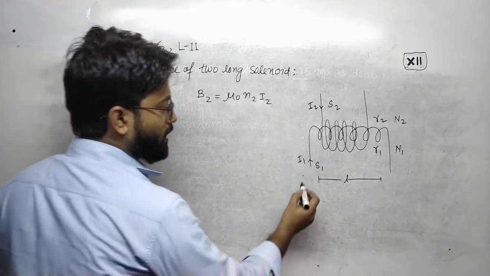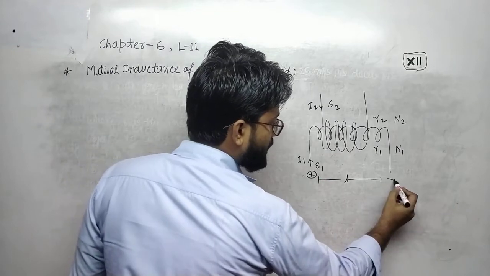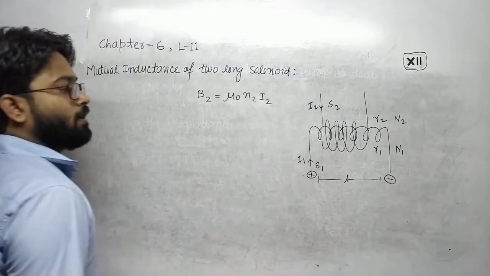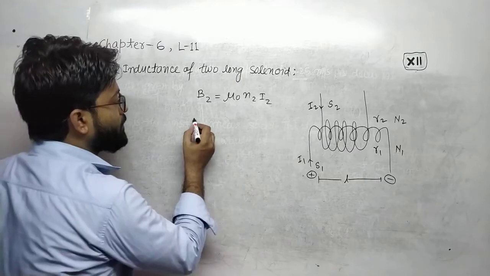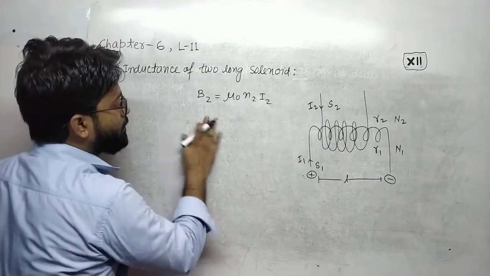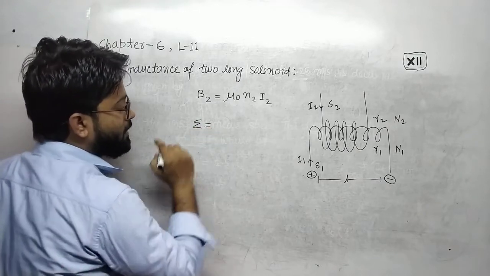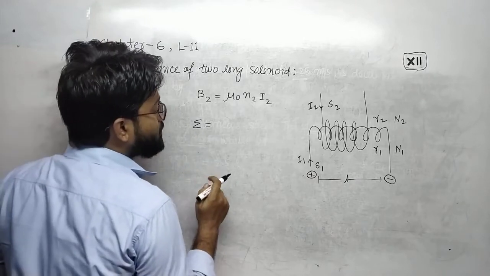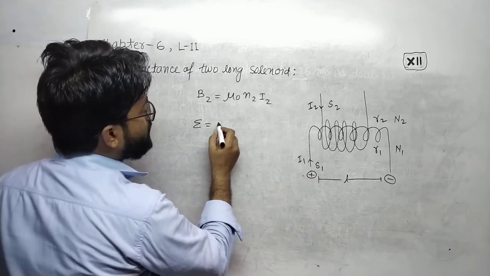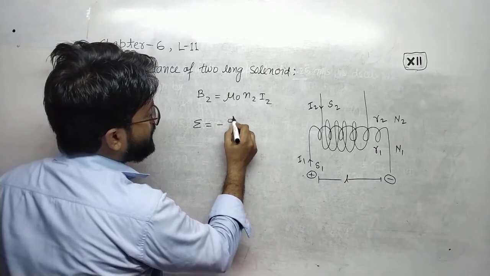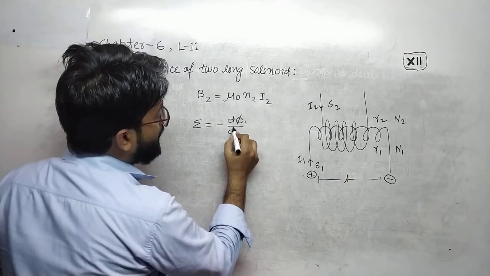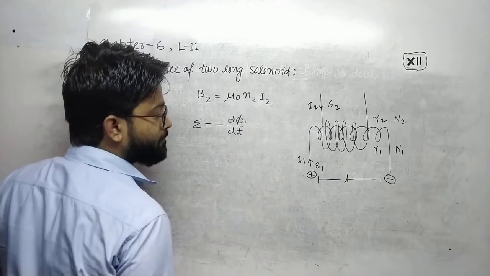Here we wish to calculate the EMF developed. That means we need EMF equals minus d phi 1 upon dt.